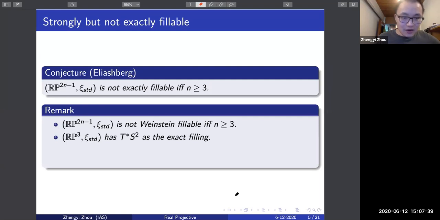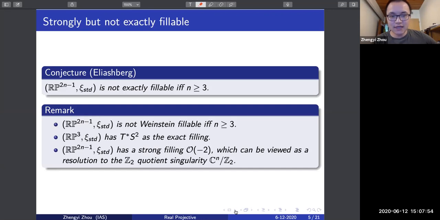The other thing is that RP^3, when n is 2, with the standard contact structure actually has an exact filling, which is the cotangent bundle of a sphere, which is actually also a Weinstein filling. And for all these RP^{2n-1}, we also have a strong filling, which is the total space of the degree -2 line bundle over CP^{n-1}.